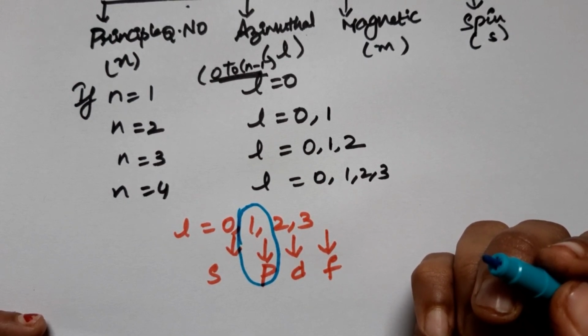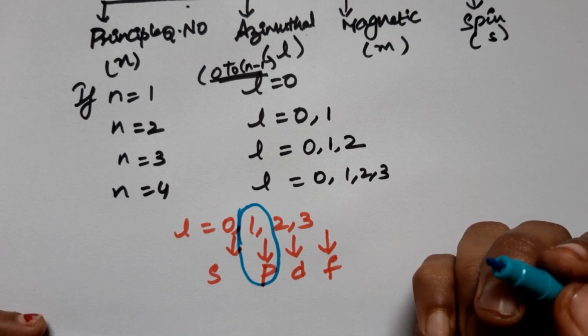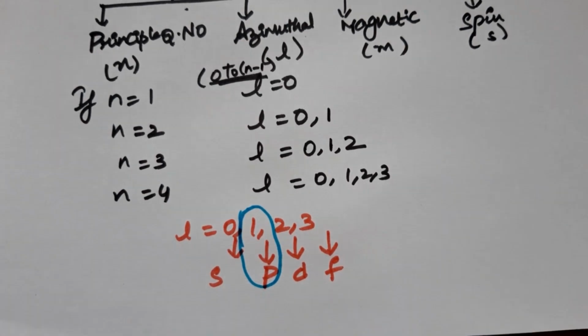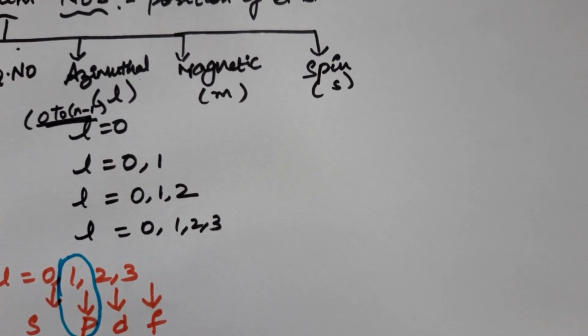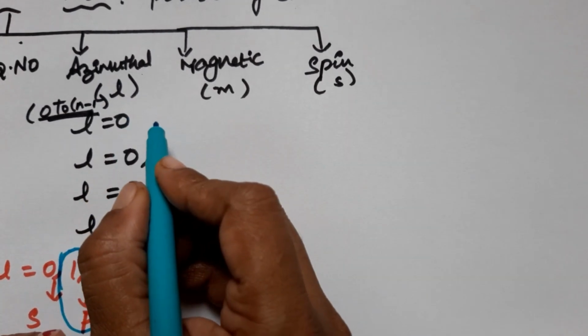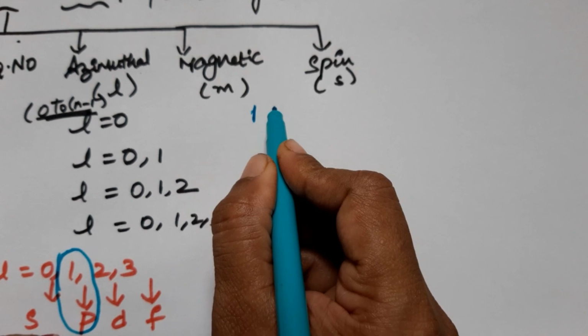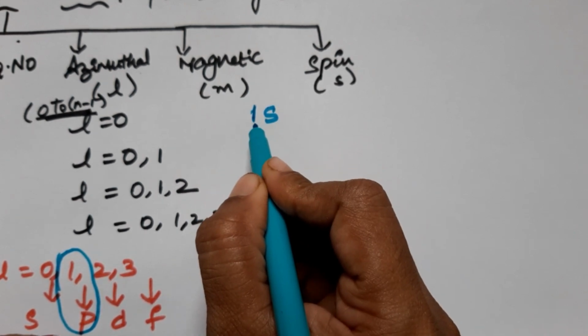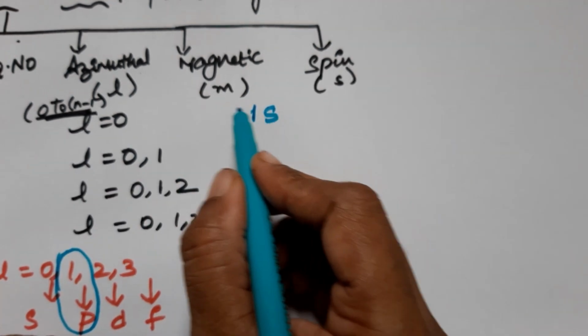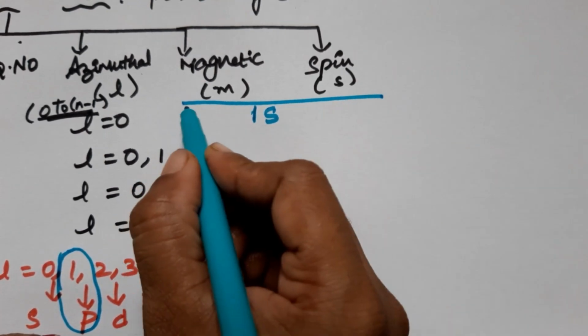According to Aufbau, the first electron enters the orbital which has the lowest energy. We can write it like this. Here l equal to 0 with n equal to 1 is written as 1s, where 1 represents n and s represents the shape.